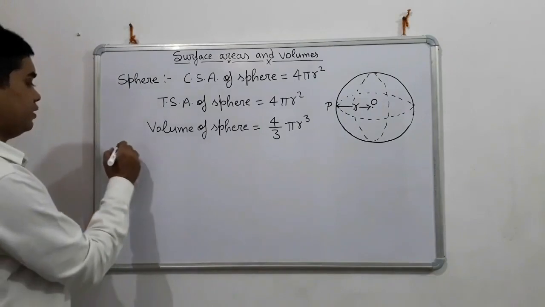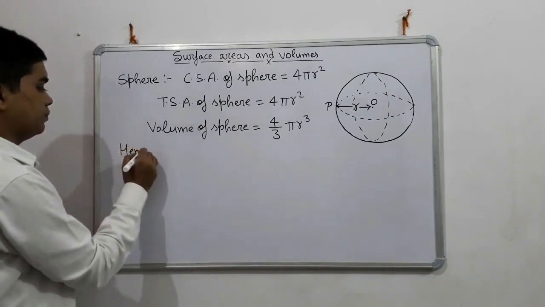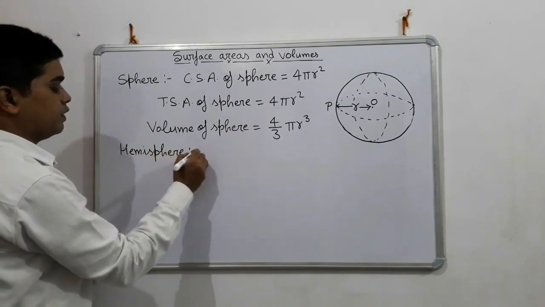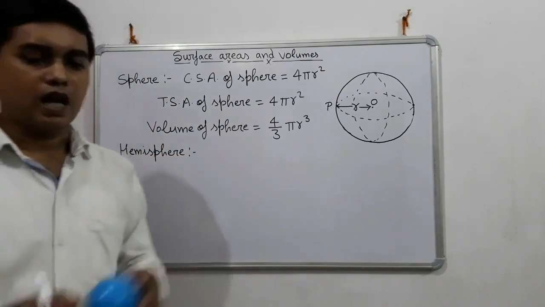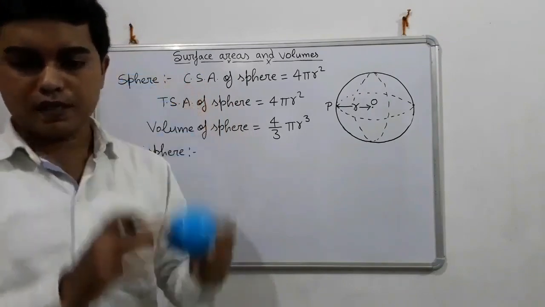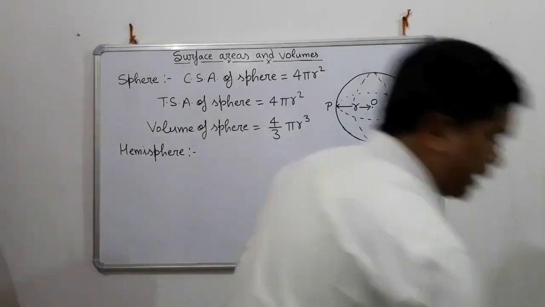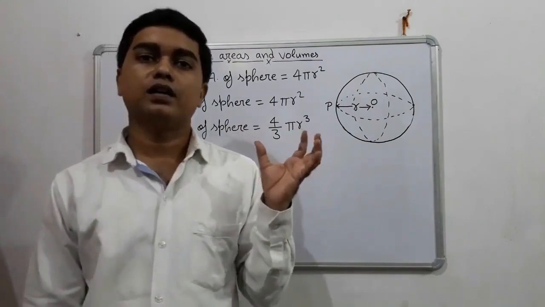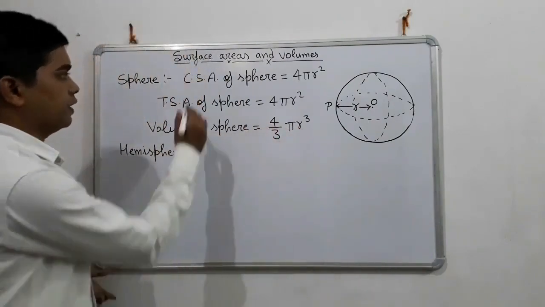Okay. And after that, hemisphere. Hemisphere means half of the sphere. You can say any bowl. Okay. Bowl is the example of hemisphere.